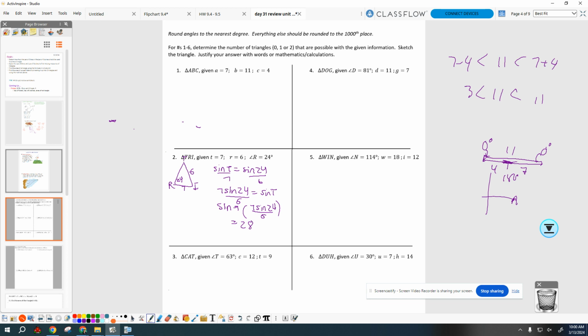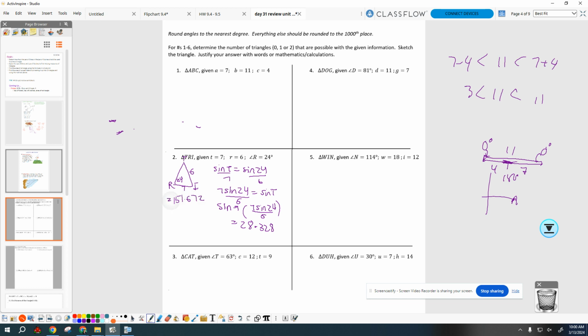For number 2, how many triangles do we get? Number 4 or 2? For number 2, it's 2 triangles. Top left, how many answers?